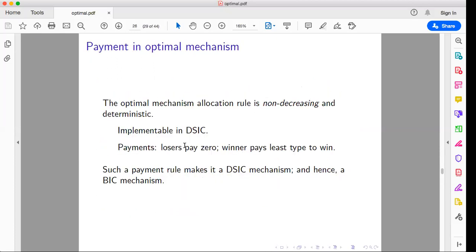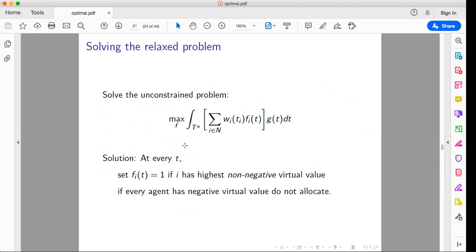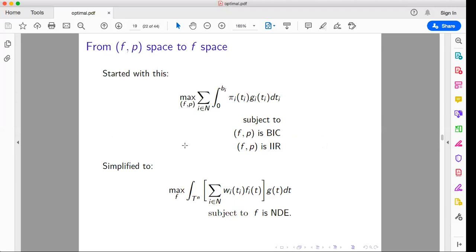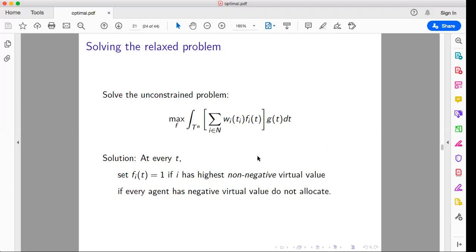So now you have an additional constraint in the optimization program: f is BIC, f is IIR, and the sum of f_i(t) is equal to 1 at every t. Okay, so there is an additional constraint. So if you look at this objective function, now what will be the optimal mechanism?